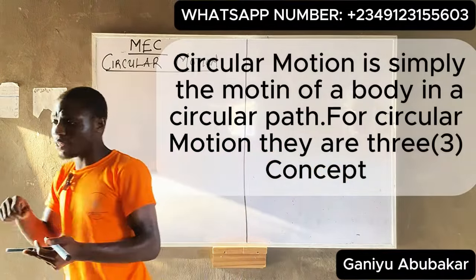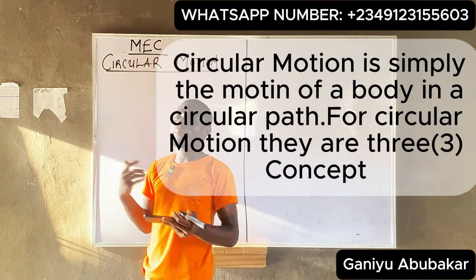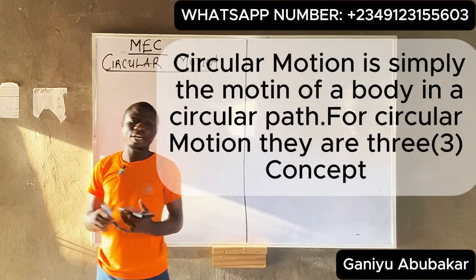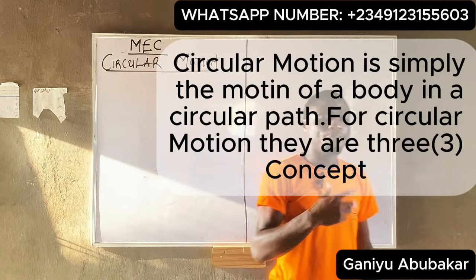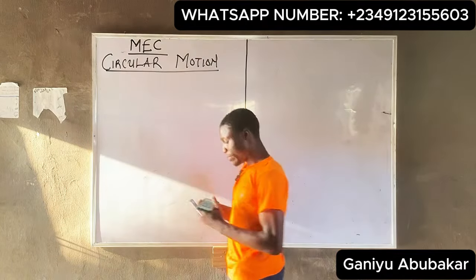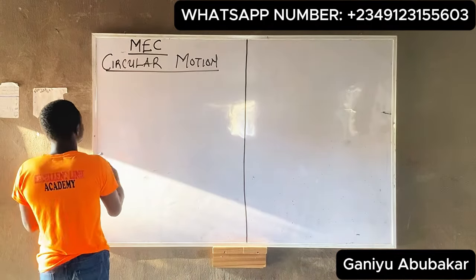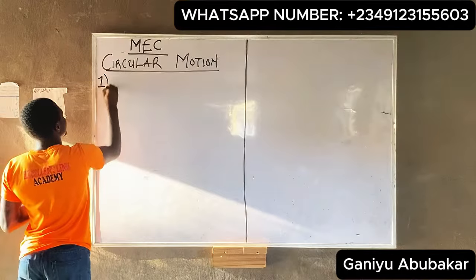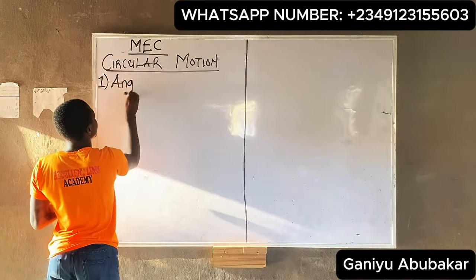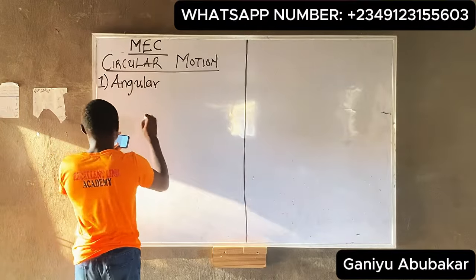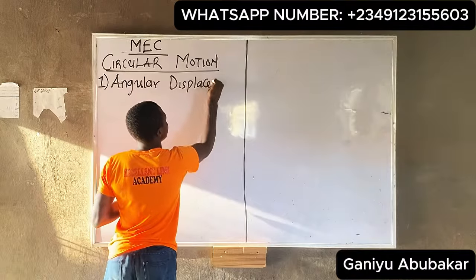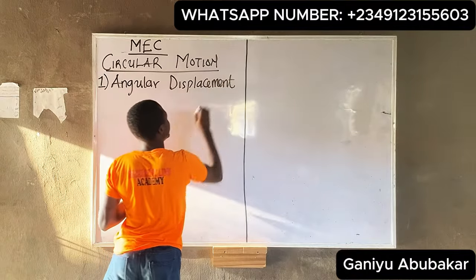For circular motion, there are three important concepts here. Number one, the first one is called angular displacement.